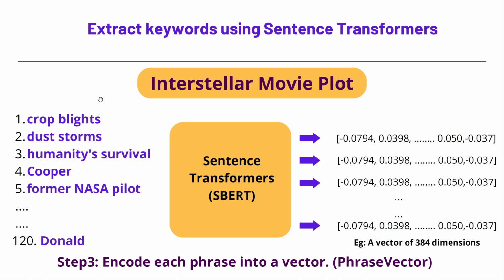So now each of these 120 key phrases or keywords is converted into a single vector of 384 dimensions, as you can see here. Let's call these phrase vectors. So there are about 120 phrase vectors in our case.